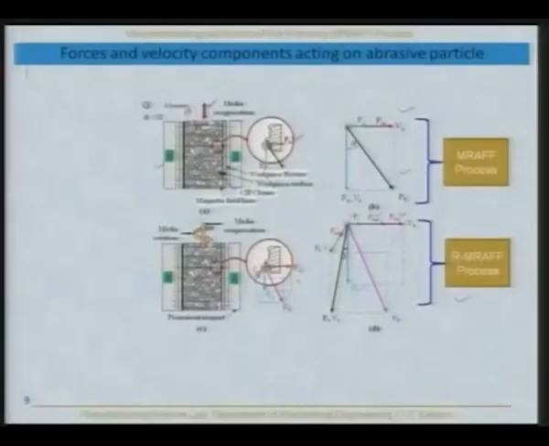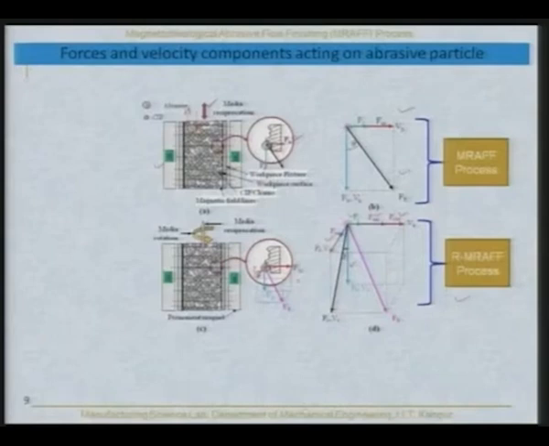And normal to this, there is the axial force Fa acting due to the axial motion of the medium, and that motion is provided by the piston, and then there is a tangential force Ft and Fmt, the component of the magnetic force in the tangential direction.